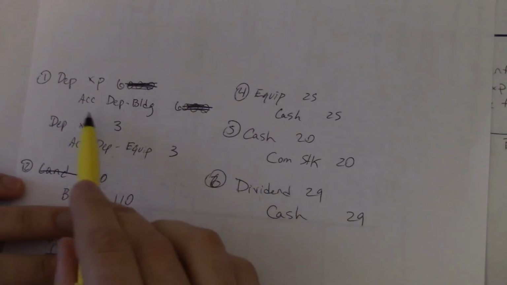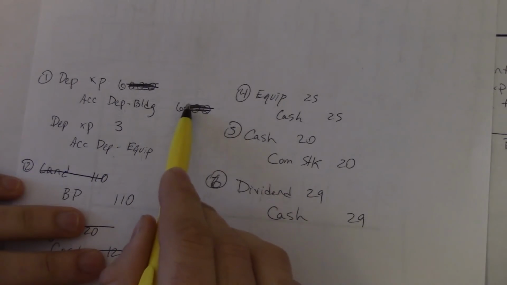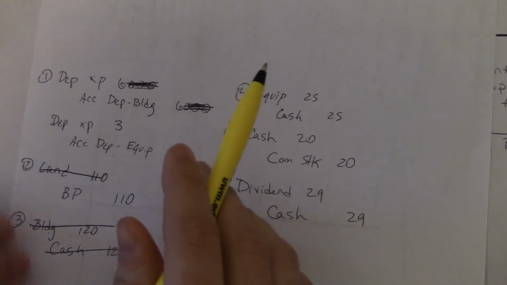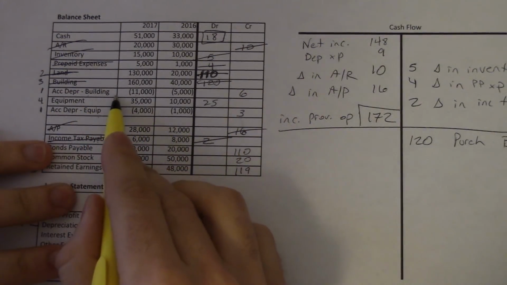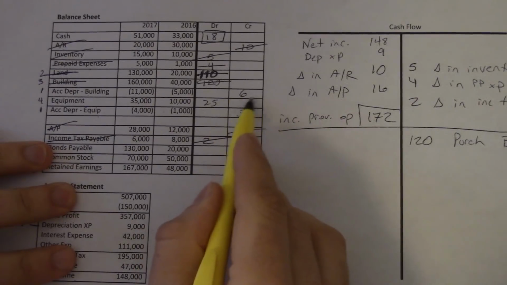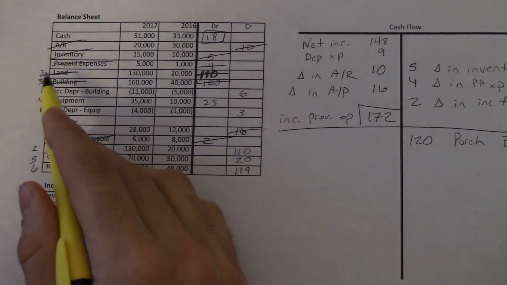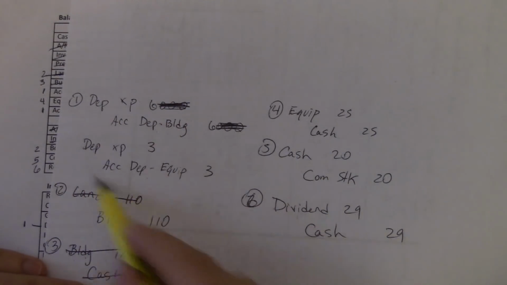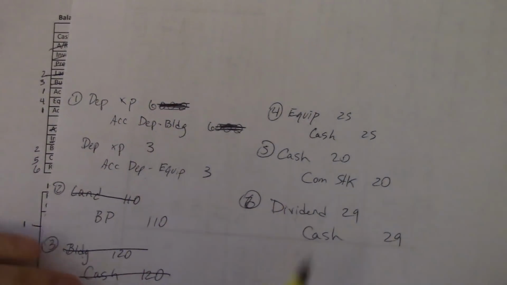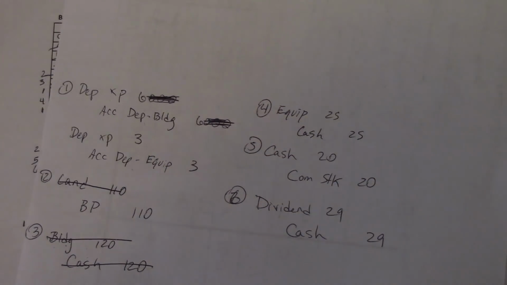Accumulated depreciation is increasing by 6. Let's go to journal entry number 1, see what's going on with cash. In journal entry 1, there's nothing happening to cash, so nothing has to be done with the cash flow statement.